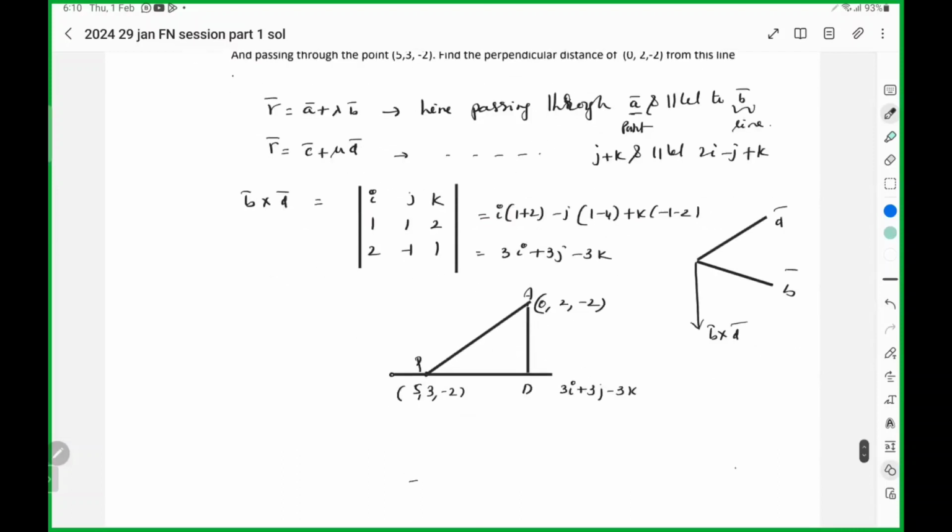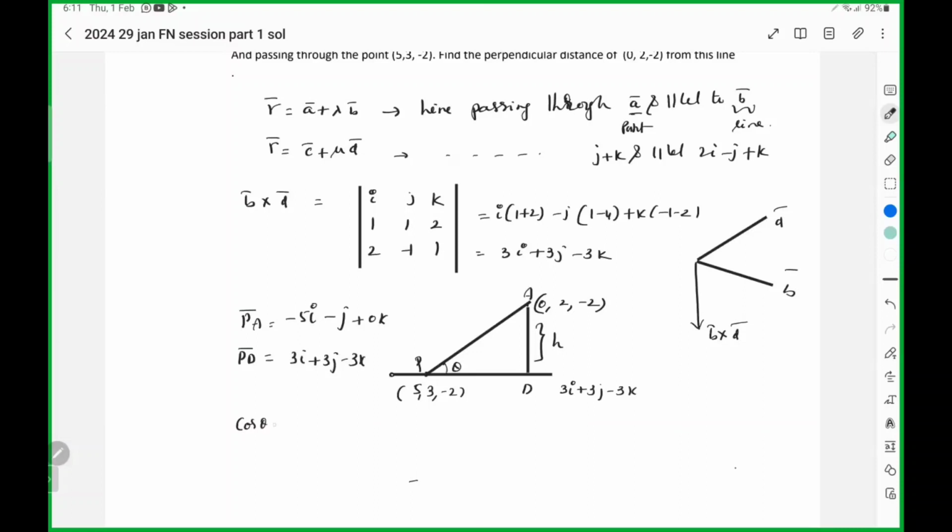This is what we have to find out. PA vector is OA minus OP, 2i minus 3j minus 2, 0k. PD vector is 3i plus 3j minus 3k.